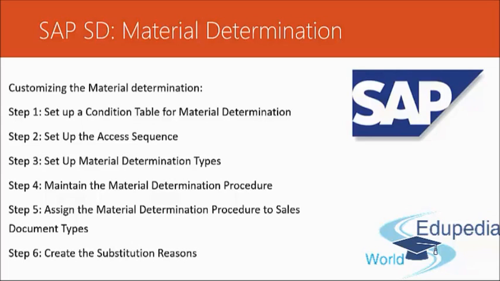Step number 4, maintain the material determination procedure. Step number 5, assign the material determination procedure to sales document types. Step number 6, create the substitution reasons. So now we'll take a closer look at each of these steps.